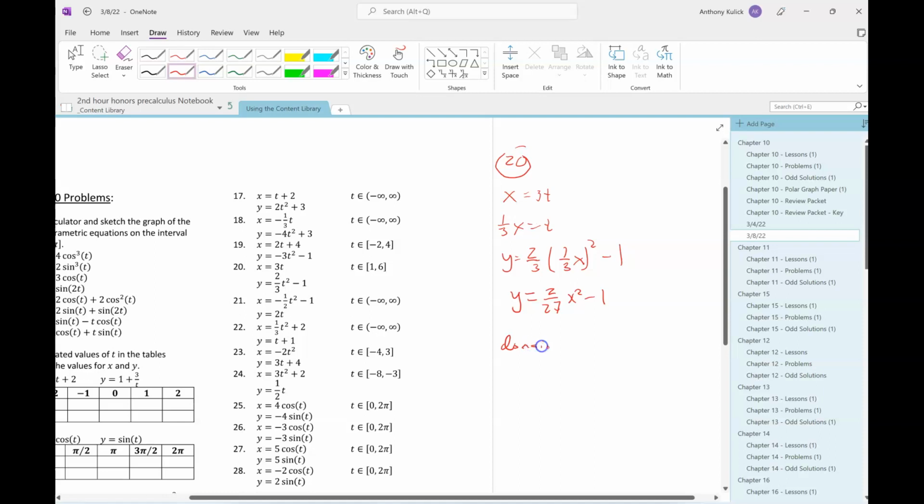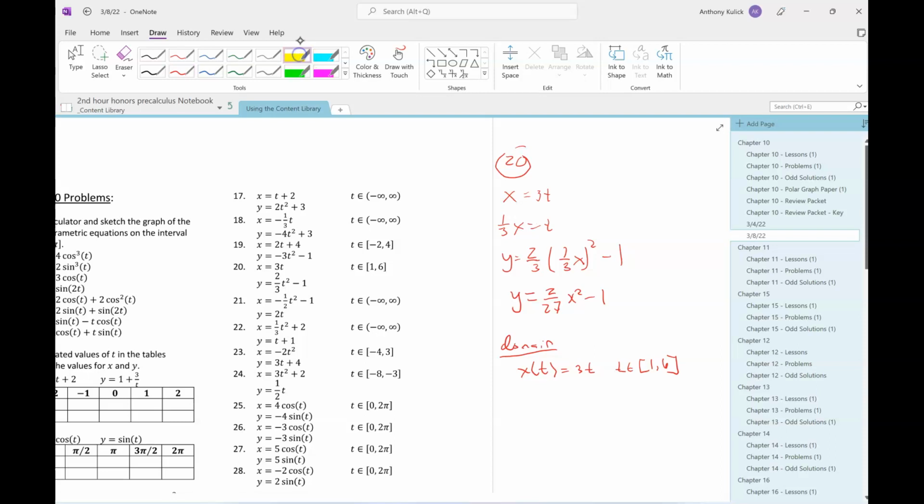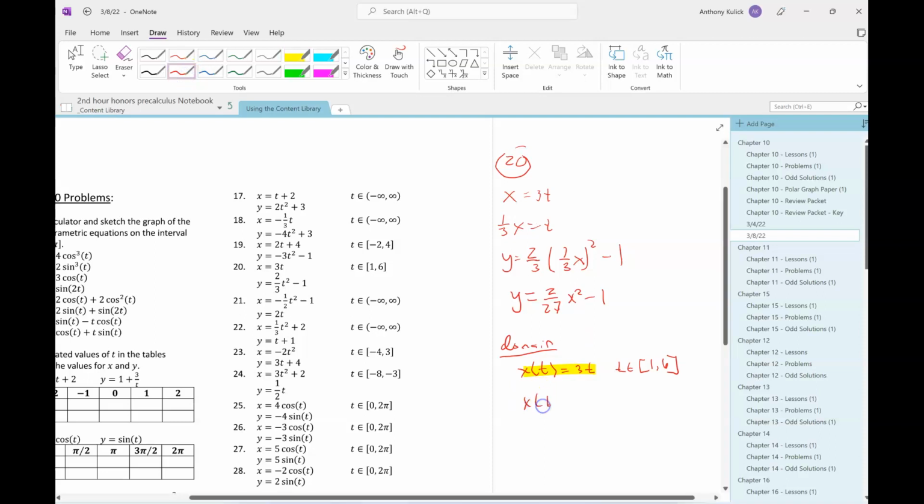To do the domain, I'm going to be looking at the function x of t equals 3t, defined on the interval from 1 to 6. If I look at the function x of t, what type of function is that? Linear. Very good. Since it's a linear function, all I need is the endpoints to figure out the range of that function.